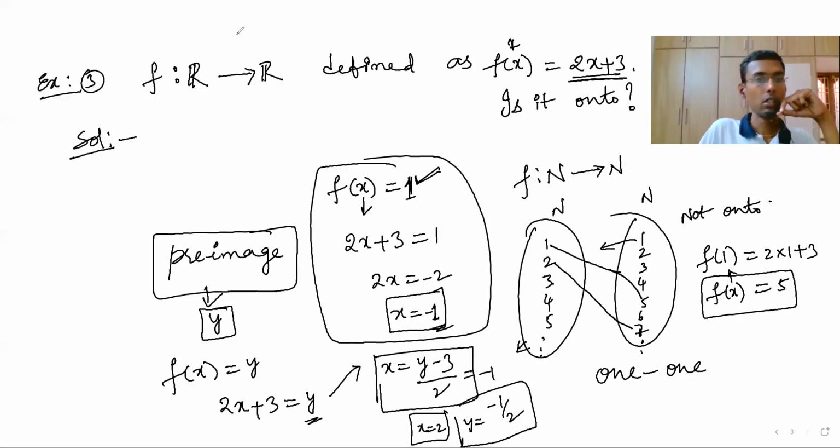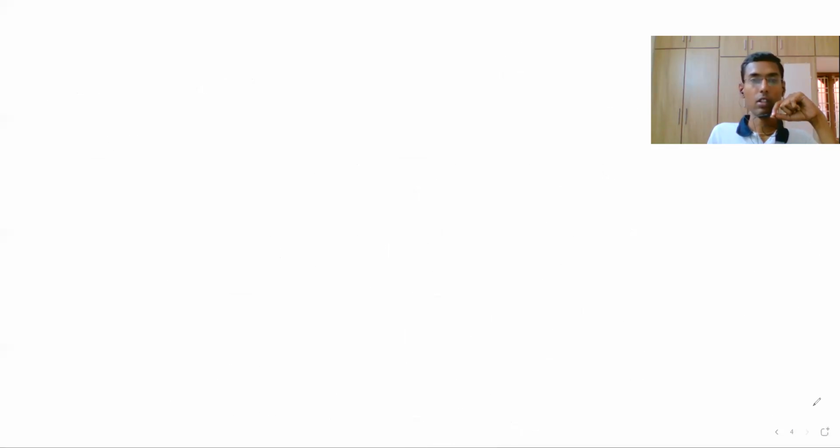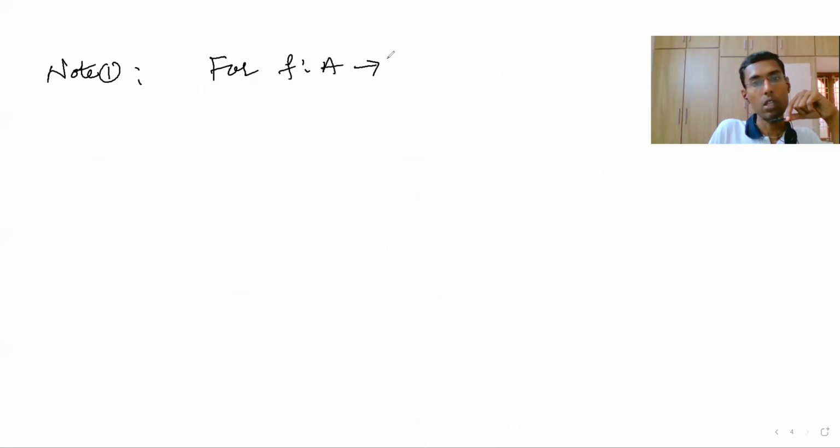Now let's check for. Sir, I have a doubt. For a function to be both 1-1 and onto, the number of elements in A should be equal to the number of elements in B, no? Exactly. For f mapping A to B, to be 1-1, the condition we discussed is that different elements should have different images.